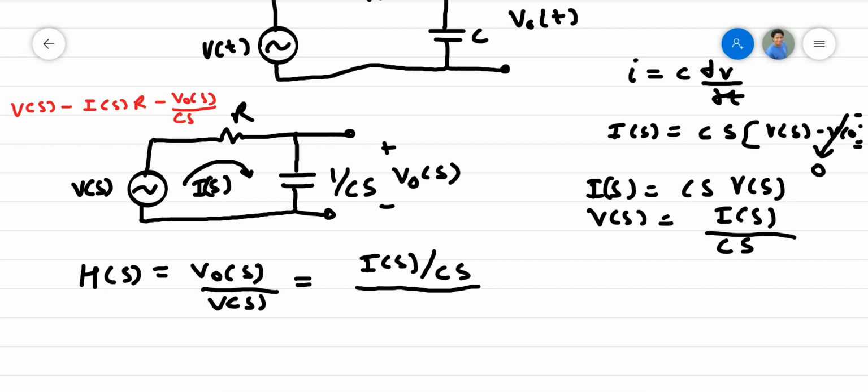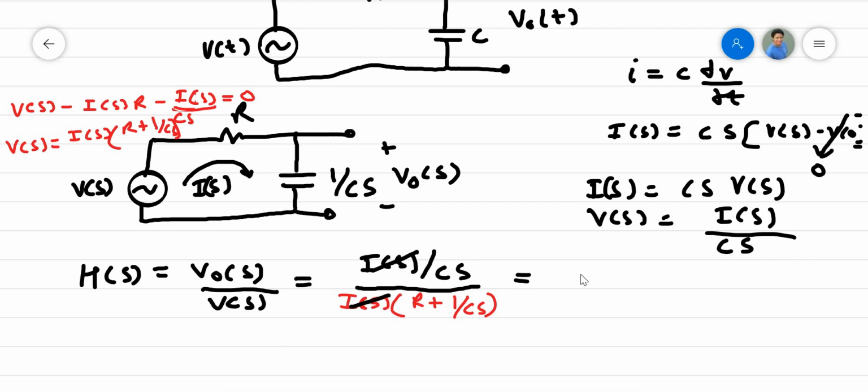Sorry, with the output open, the current flows through the series loop. So V(s) will be equal to I(s) times R plus 1 by Cs. This I(s) will be cancelled out, so H(s) will be 1 over 1 plus RCs.